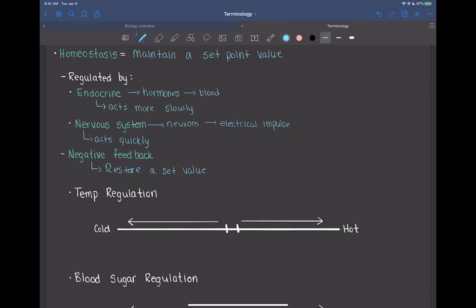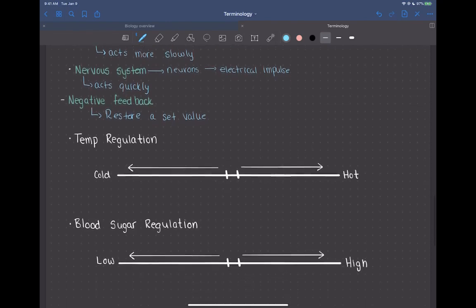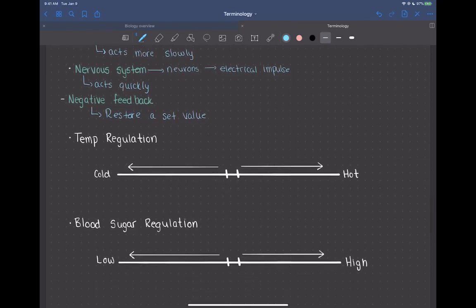So let's talk about temperature regulation as it relates to the body, not in your home. Okay, so with temperature regulation, if we have this scale here, this is our normal body temperature, 98.6 degrees. If you start getting too hot, what does your body do to bring you back down to normal body temperature?